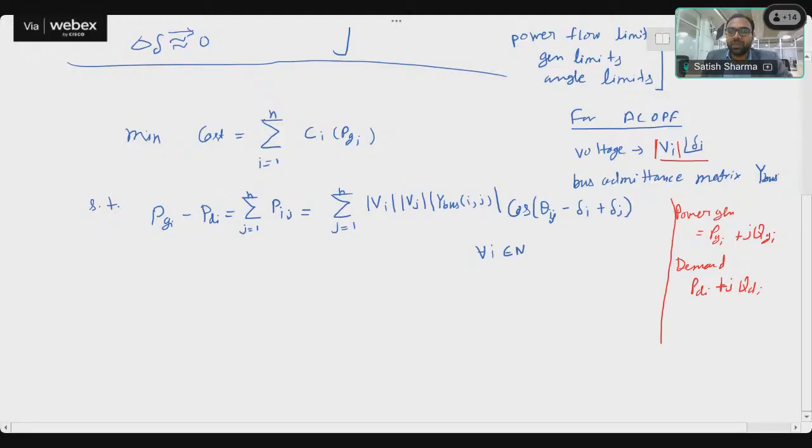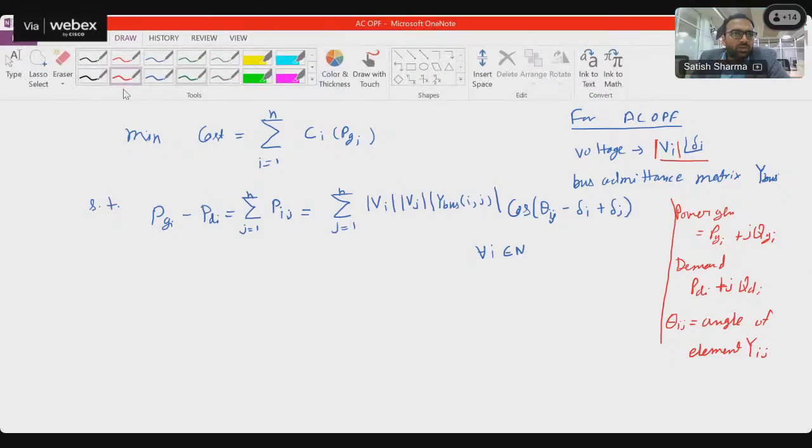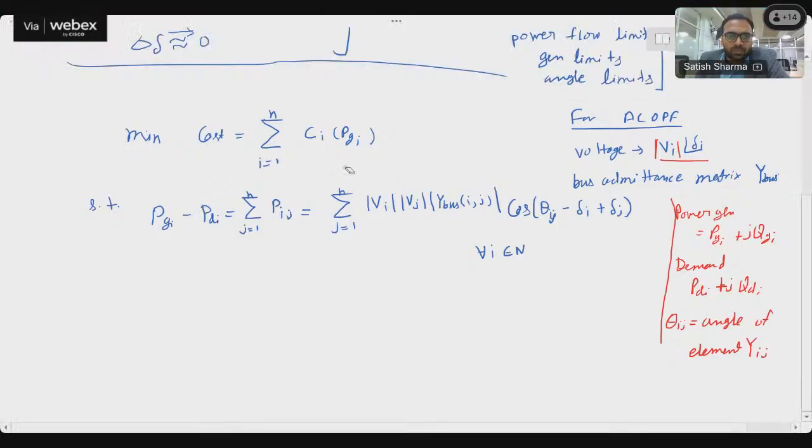Then we have a Y bus matrix. The theta ij is actually the angle of element Yij. Okay, let's not use Y bus, I will use Yij for this particular part.